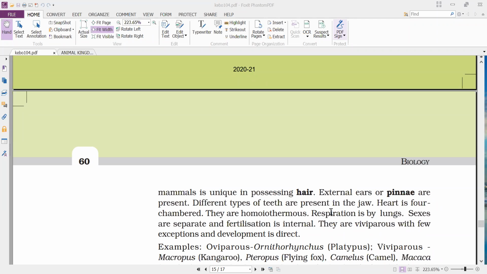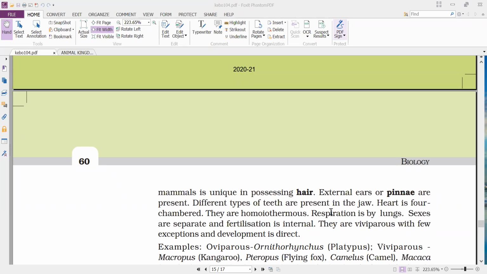So we'll find different types of teeth with different functions. In herbivorous animals, the premolars and molars are well developed, and in carnivorous animals, the canines are well developed, which is suited to a carnivorous nature.